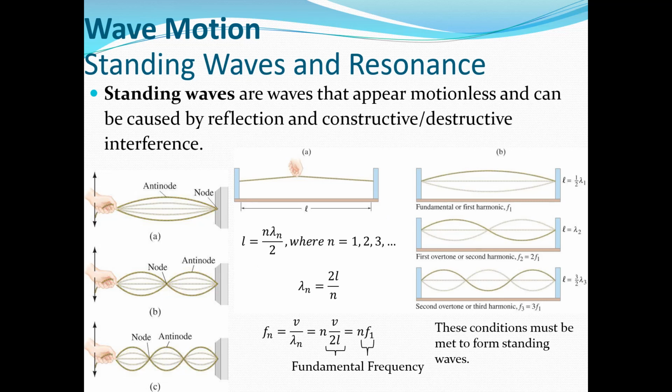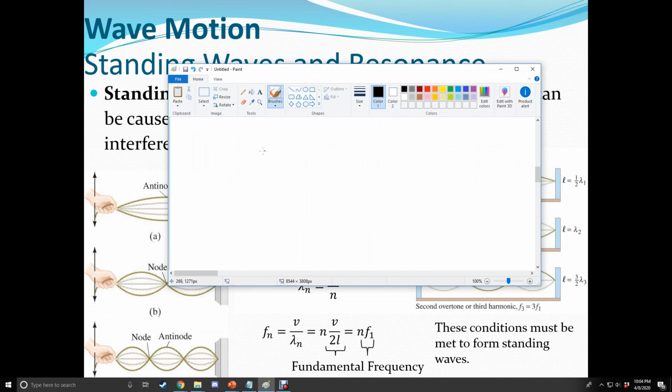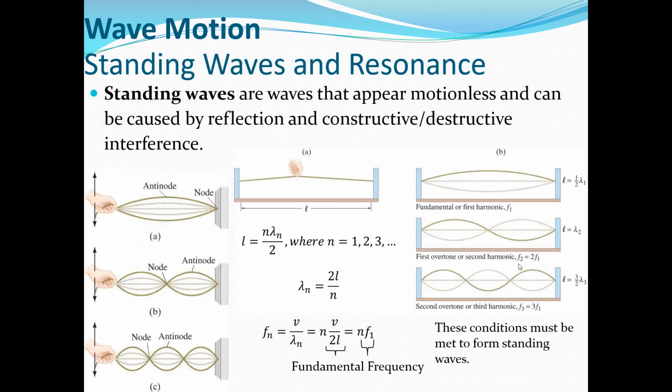Pretty much what I'm saying is that it's impossible to have something like this, a string fixed at two ends where a wave goes up and then comes down, but not at a node like that. This is not possible because I need to have a node at this location and at this location. So that's what I mean by the condition being met.